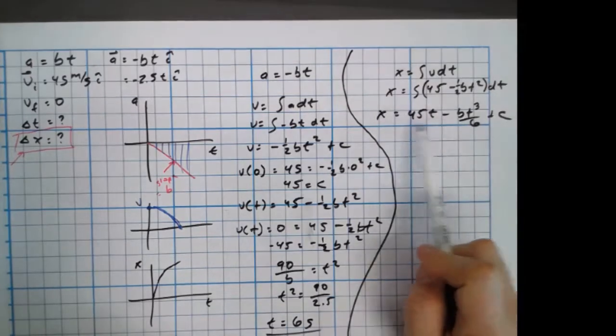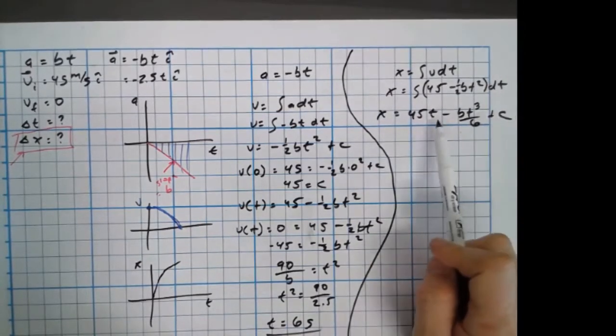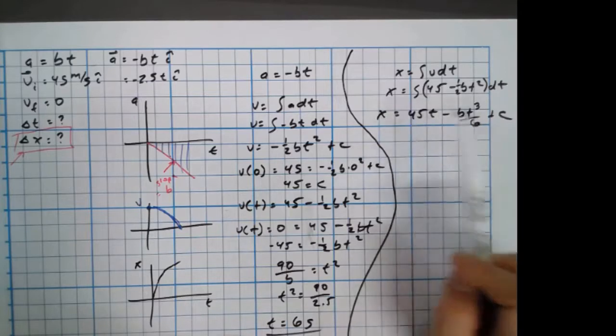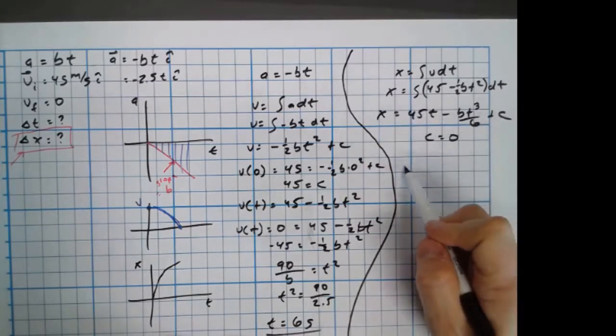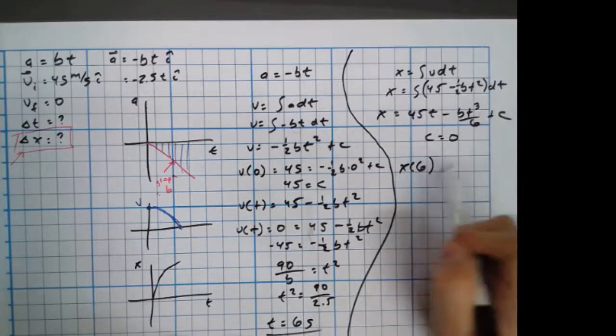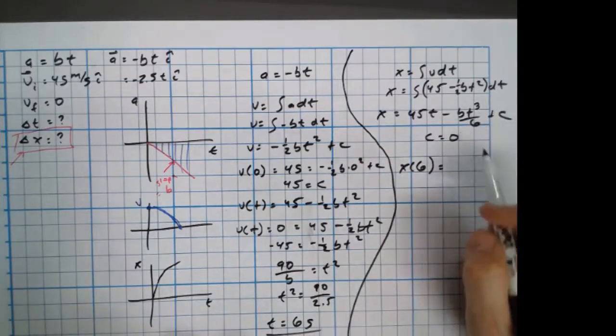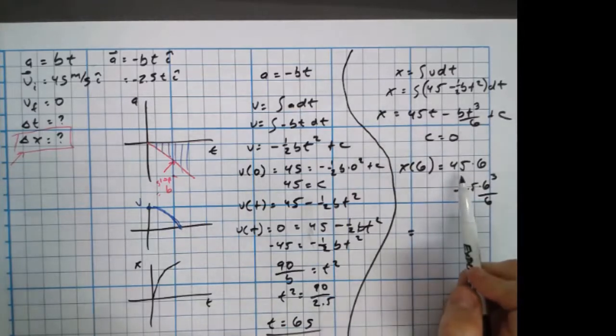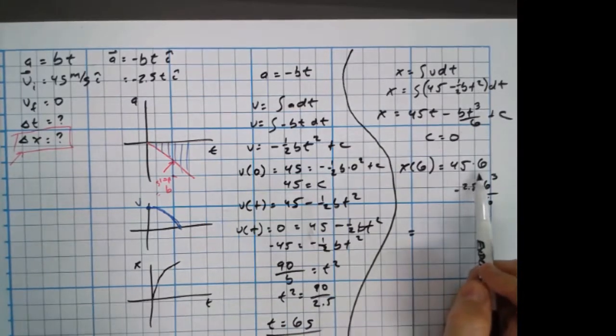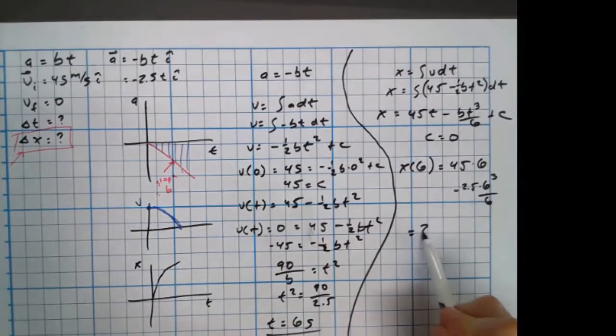So because the initial position is 0, that makes the c 0. I plug in 0 here, plug in 0 there, 0 there, I get the c equals 0. So the c equals 0, and then the position at time 6 equals 45 times 6 minus 2.5 times 6 cubed over 6. 45 times 6 is 240 plus 30, which is 270.